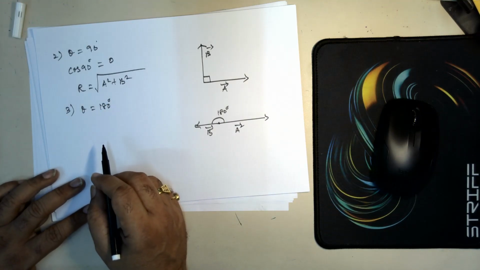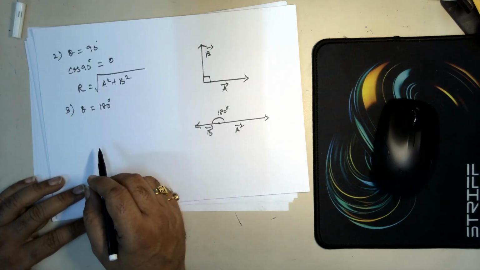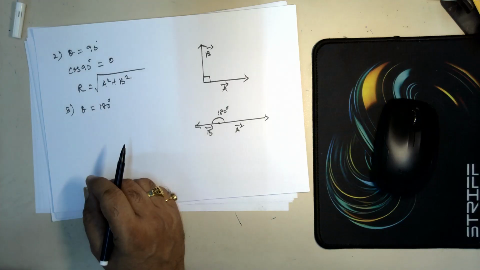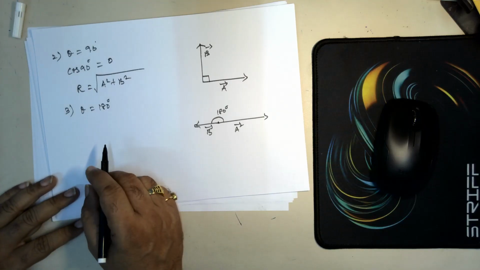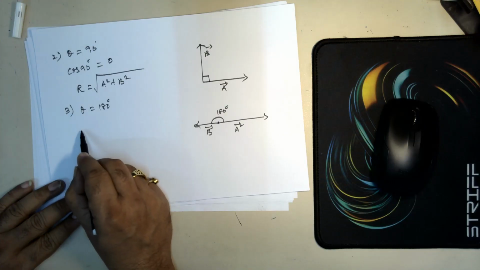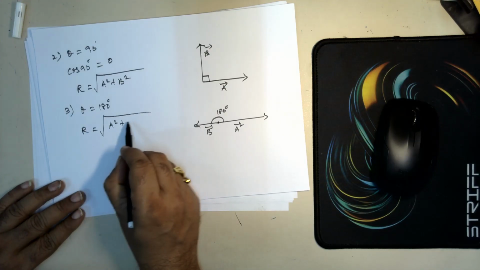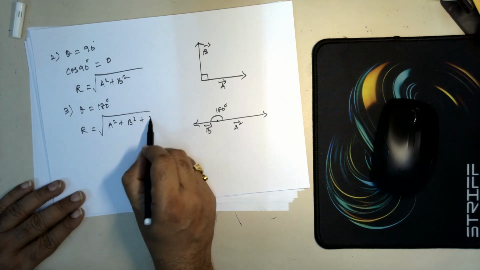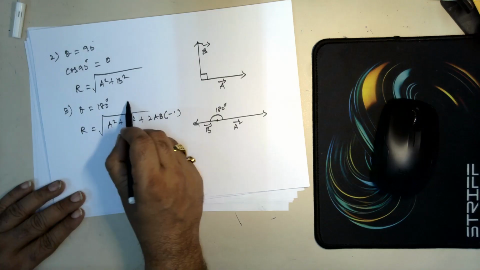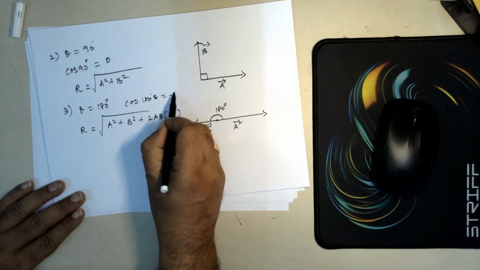So when theta is equal to 180 degrees, you know very well cos 180, how much? Minus 1. Okay. So in that case, R is equal to the whole square root of a squared plus b squared plus 2ab times minus 1, because cos 180 is equal to minus 1.